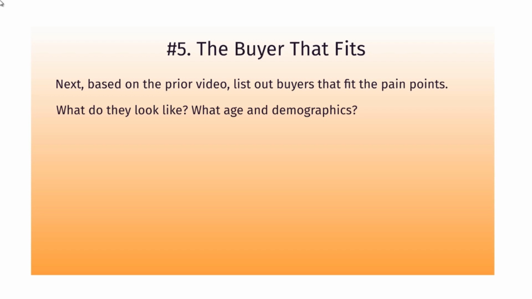Now, with a security product, you could be all over the place. But what you're not trying to do is figure out what your buyer is, but who is your hungriest buyer. So when you really think about who is losing the most sleep at night, that is most likely your hungriest buyer.